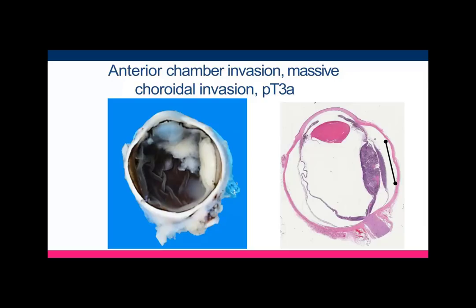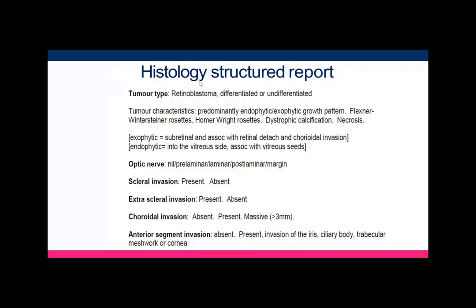Next, let's decode the pathology report of a retinoblastoma. Typically, cancer reports are in a structured format. This helps everybody find the minimum data set. So, tumour type, retinoblastoma, of course. There are some typical words associated with the retinoblastoma tumour and an explanation of endophytic and exophytic.